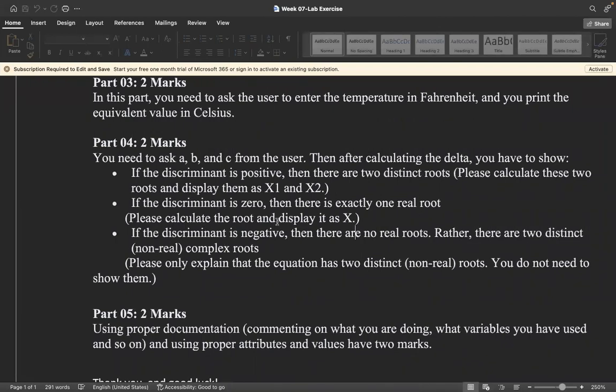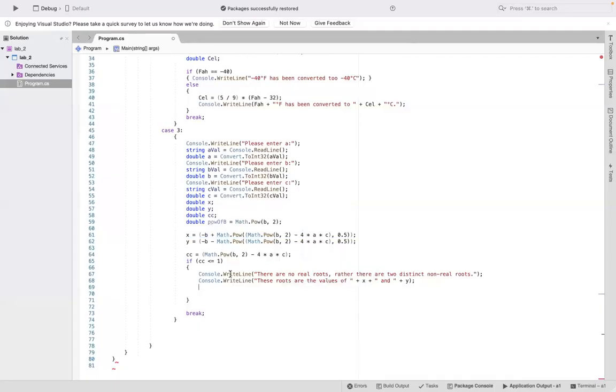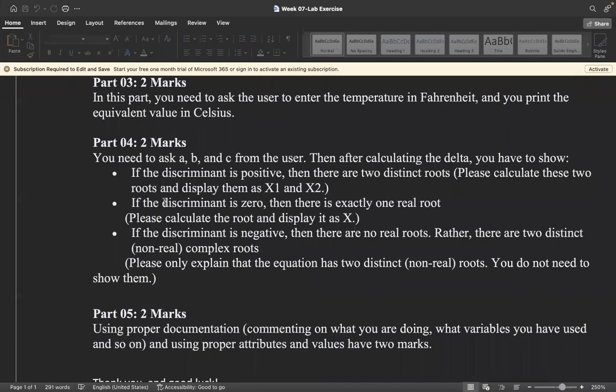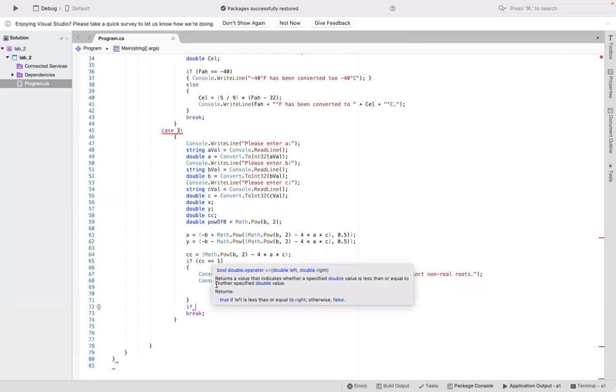If the discriminant is 0, then there is exactly one real root. So we don't have to do that part. I think it should be the same value anyways. Well, technically the discriminant would be 0. Okay, so this is only when A is equal to 0. Or the discriminant actually means b squared minus 4ac equals 0. So if CC equals 0, then there is exactly one root. Okay, so let's just put if CC equals 0.